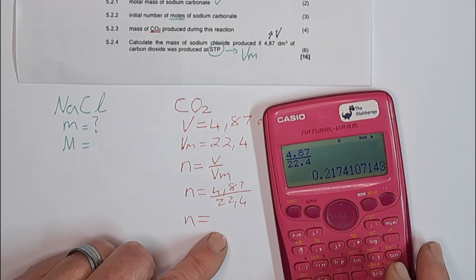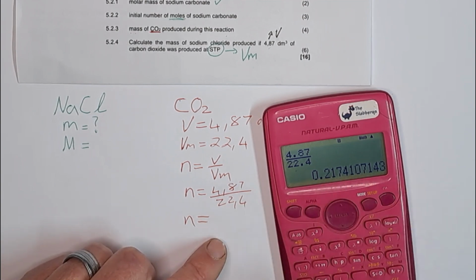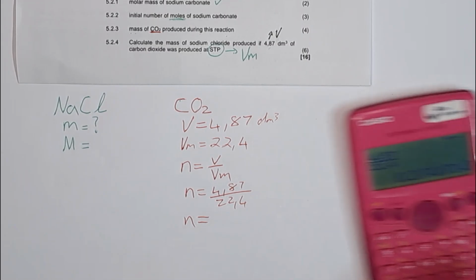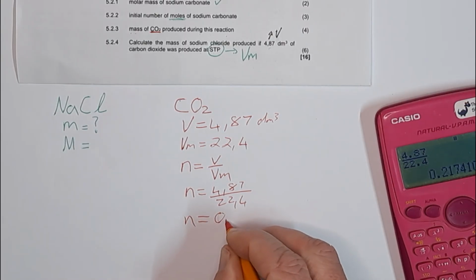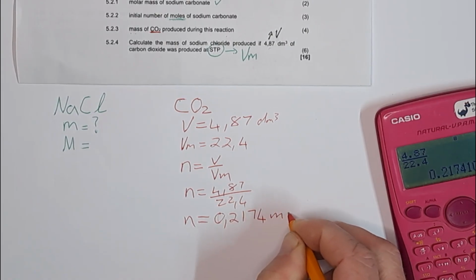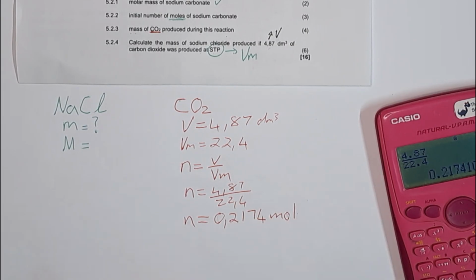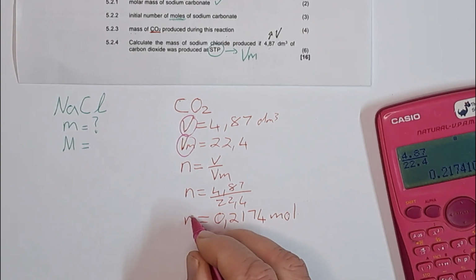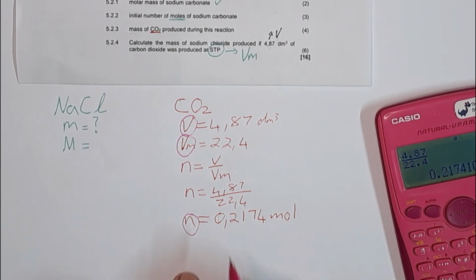The rule I want you to follow is we keep as many decimals as we can, but let's cut it off at 4 decimals because this is not the final answer. We want to keep the sum as accurate as we can. So it's going to give us 0,2174 mole. So basically we have volume, molar volume, and now we have the mole of carbon dioxide.